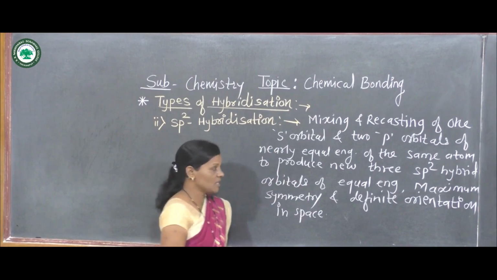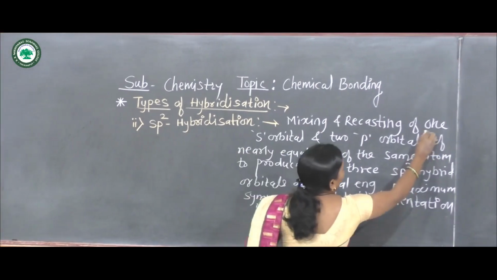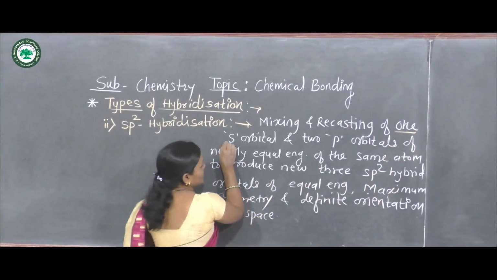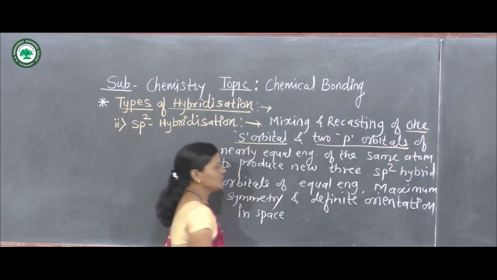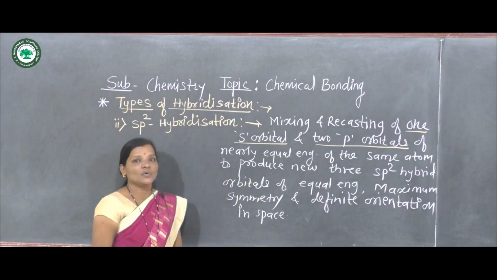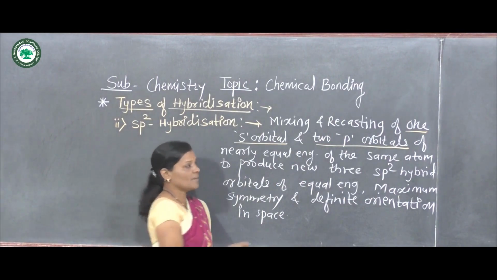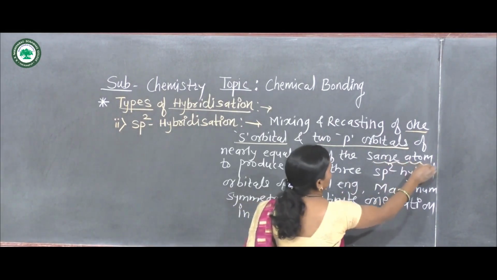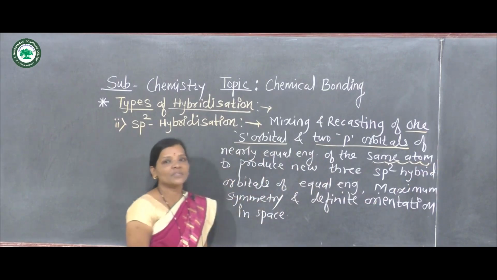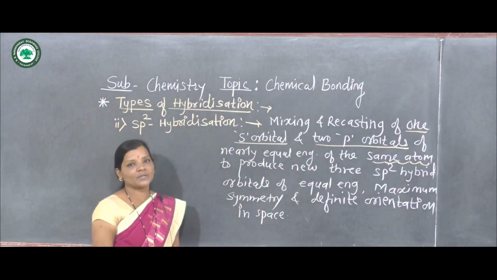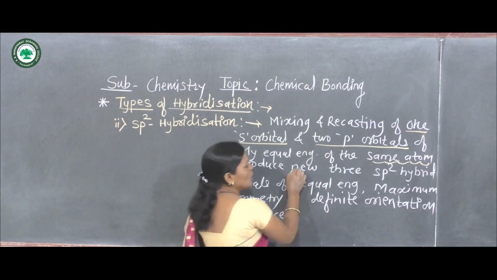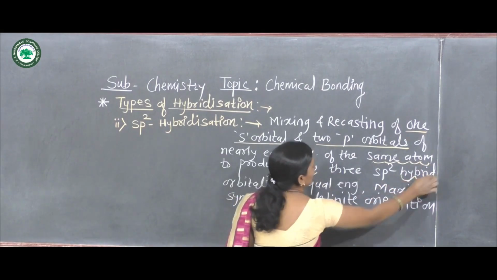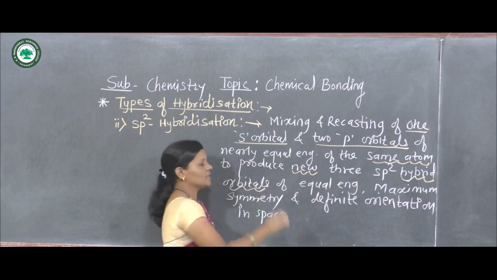Here what happens? Mixing and recasting of one s orbital and two p orbitals takes place, which belong to the same atom, and there is negligible difference between s and p orbitals, and they produce new orbitals called hybrid orbitals.